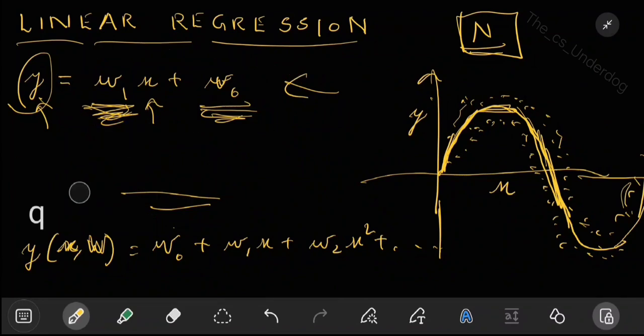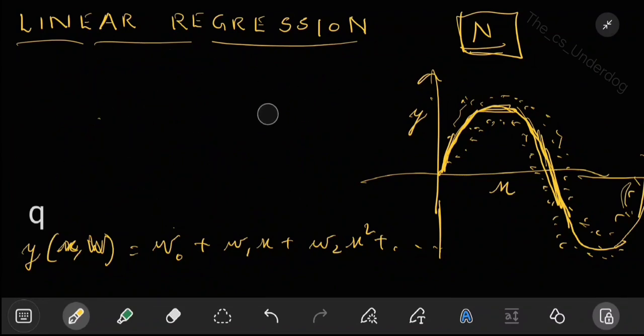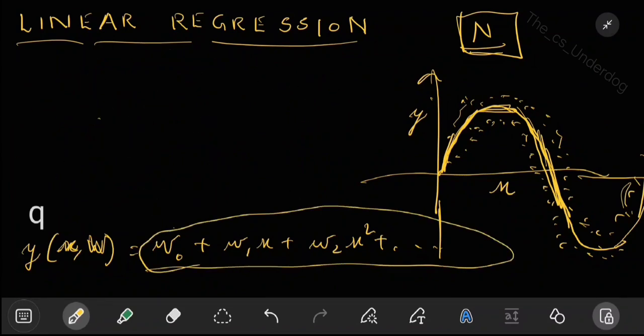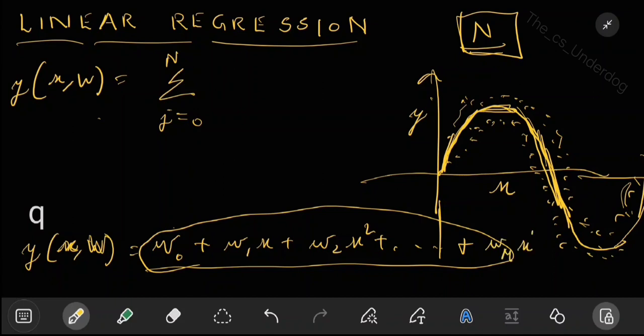So how can you write this equation in short form? That is, instead of writing this large piece of thing, you can write it as y of x, w is equal to summation from j equal to 0 to m of wj x power j. Let's say this is an mth order polynomial, that is, up to wm x power m.